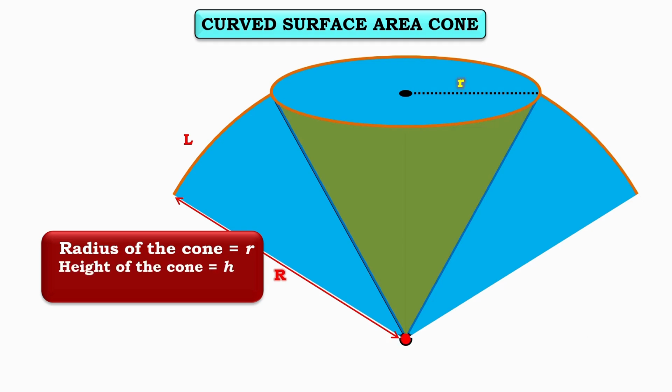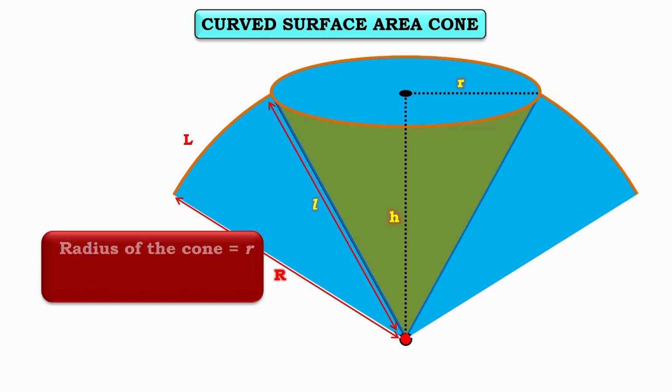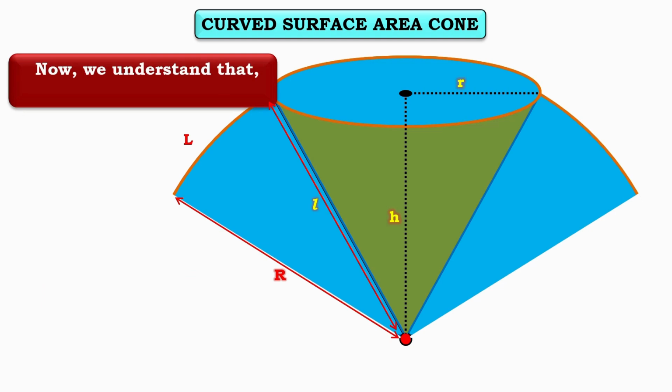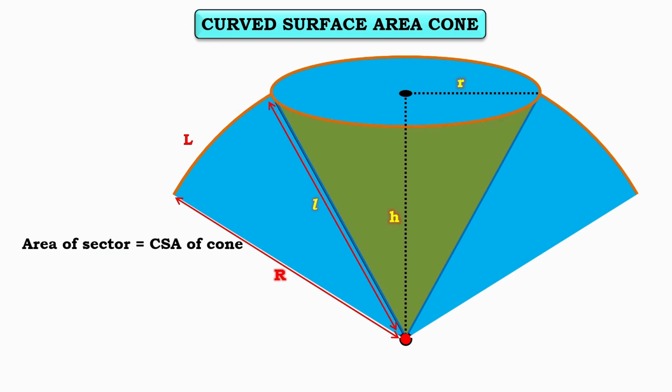Now the height of the cone we have considered h, and the slant height of the cone as L. Now we understand that since we just fold the sector to a cone, the curved surface area of the cone is the same as the area of the sector. So area of the sector is equal to the curved surface area of cone.